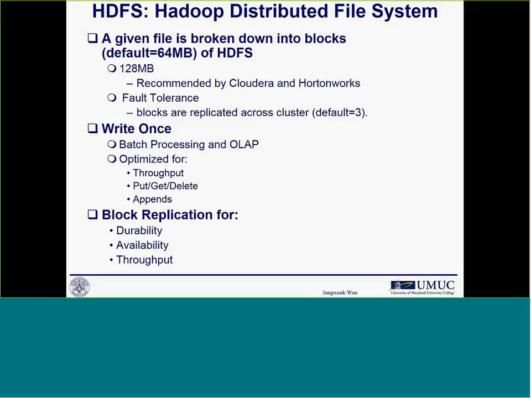Initially, the default size of a block was 64 megabytes, but based on much experience, nowadays big data companies like Cloudera and Hortonworks recommend that you set the block size to 128 megabytes.